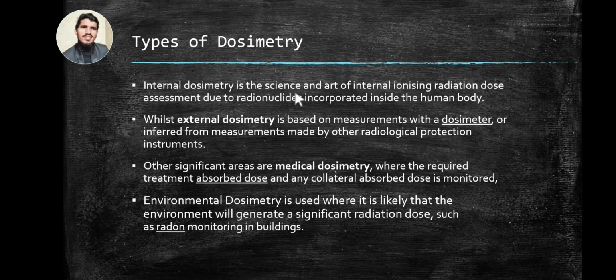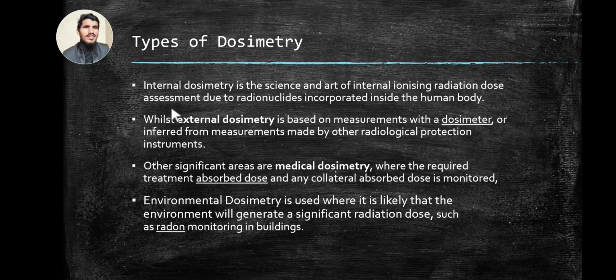Internal dosimetry is the science and art of internal ionizing radiation dose assessment due to radionuclides incorporated inside the human body. What we need to do is measure the radiation dose that is present inside the human body.